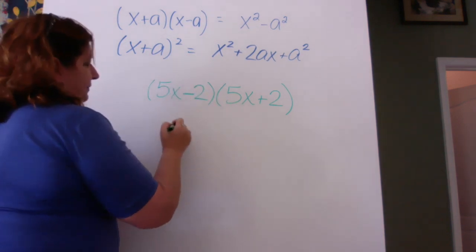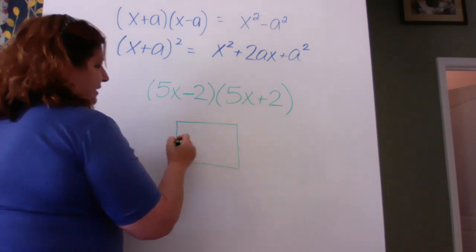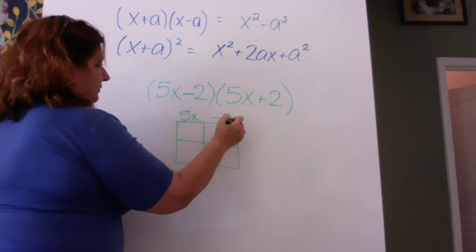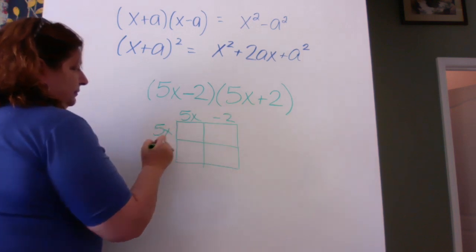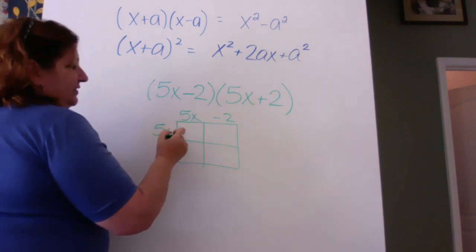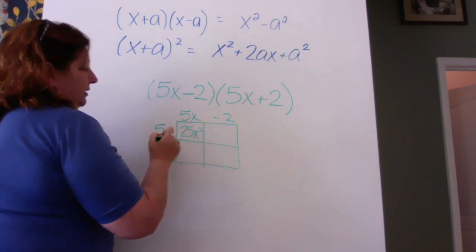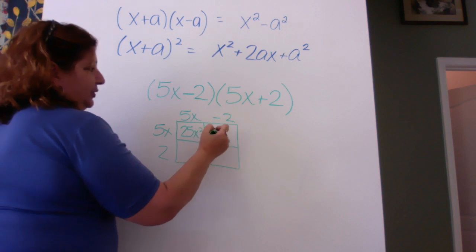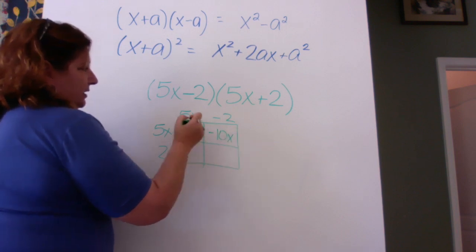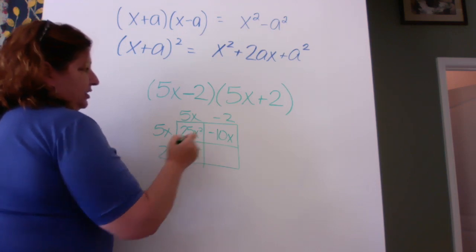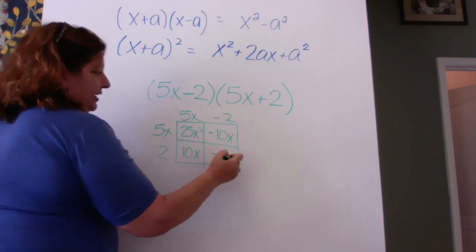And again, I'm going to go back to the boxes because they never let me down. 5x times 5x is 25x squared. 5x times negative 2 is negative 10x. 5x times 2 is positive 10x. 2 times negative 2 is negative 4.